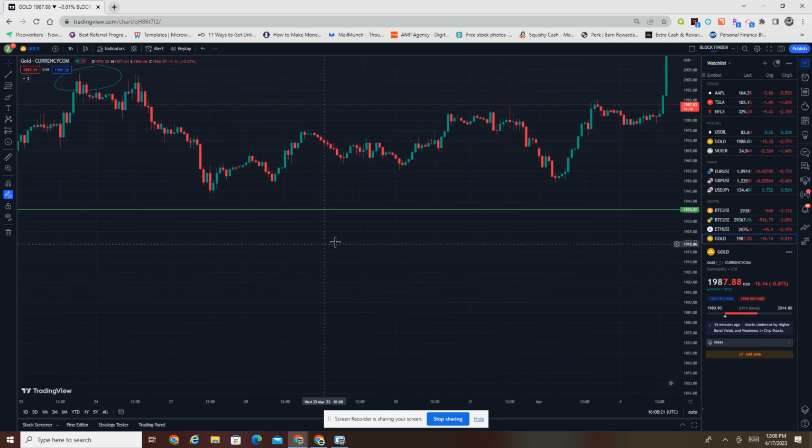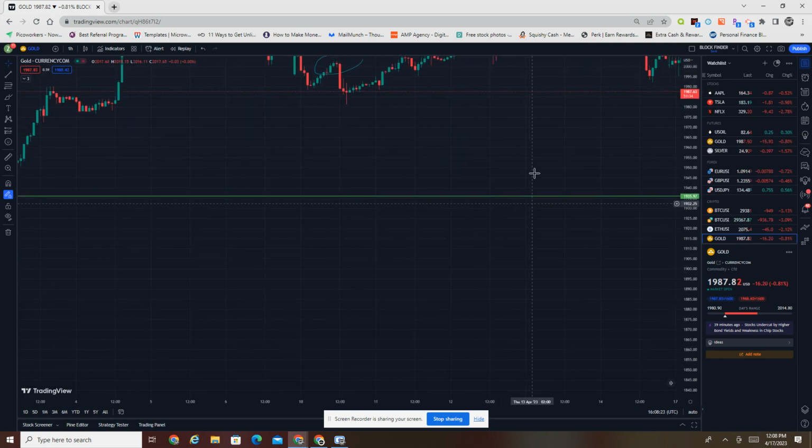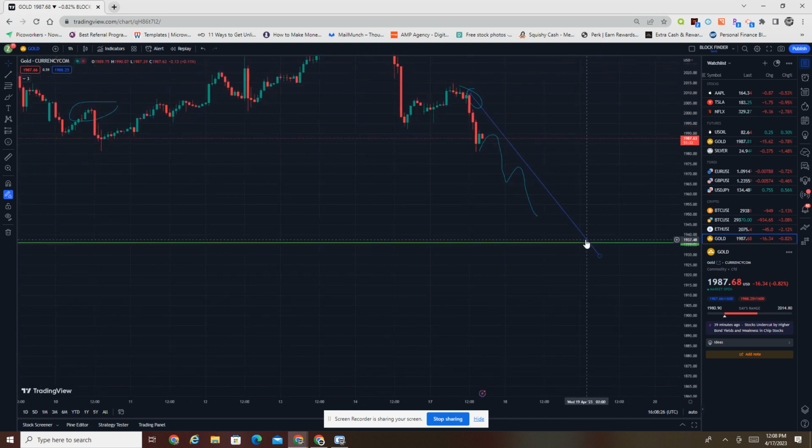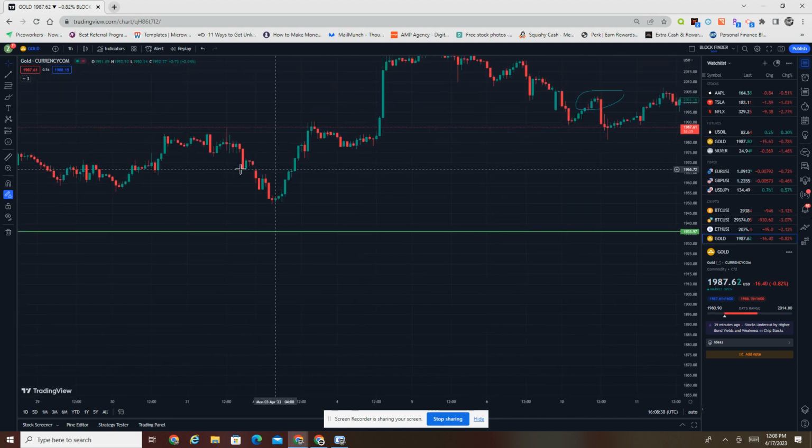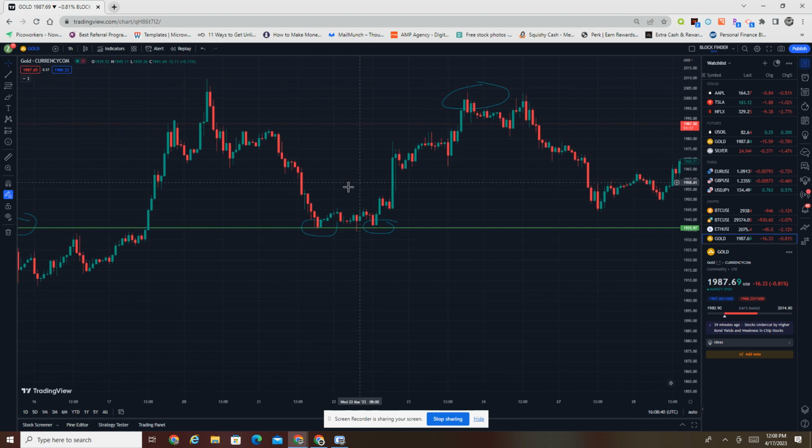Now, like I said, if price decides to start breaking past that line, somewhere around 1929, anywhere below 1930, I'm going to start considering taking sells. Why? Because it did not respect our zone of interest when it came to buys.